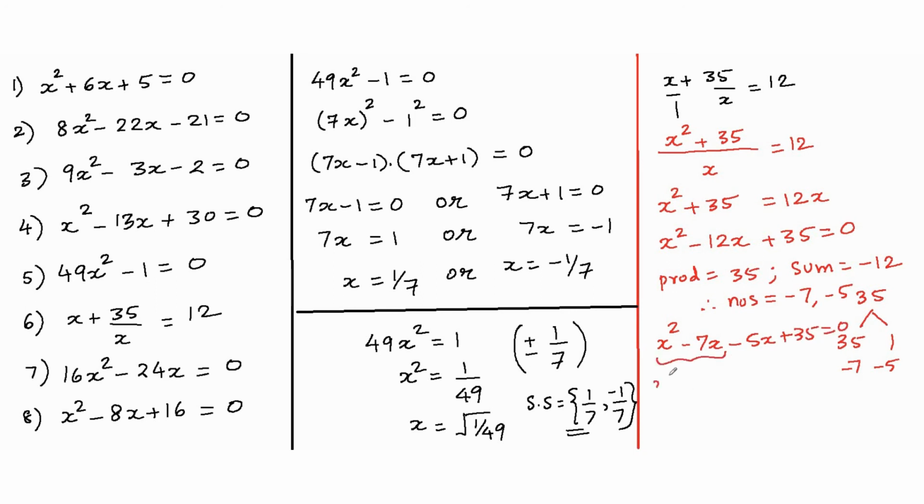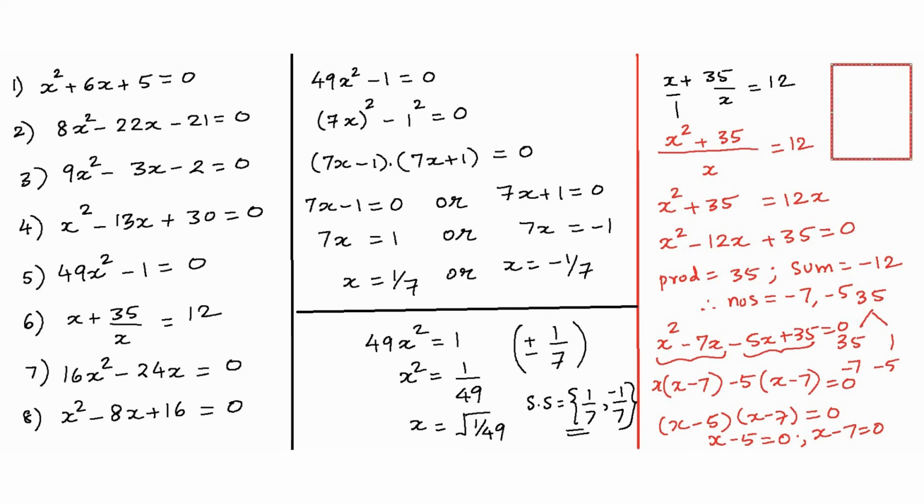In these two terms x is common, so x into x minus 7. In these two terms minus 5 is common, so minus 5 into x minus 7 is 0, which means x minus 5 into x minus 7 is equal to 0, which means either x minus 5 is 0 or x minus 7 is 0, and therefore I can say that the solution set of this particular quadratic equation is 7, 5, right?